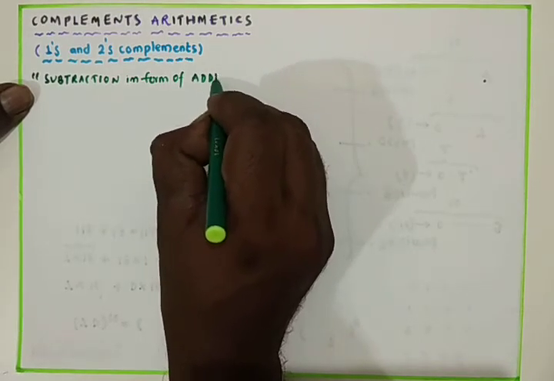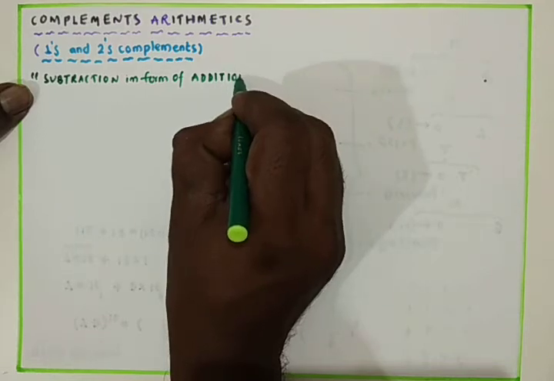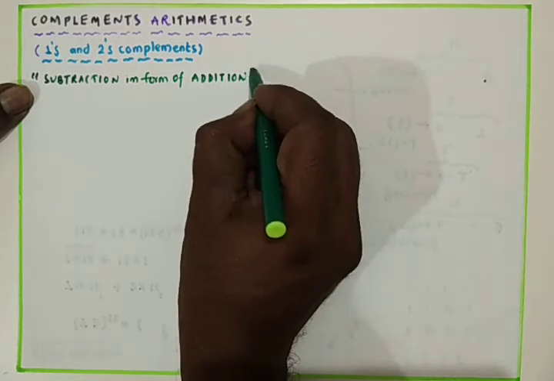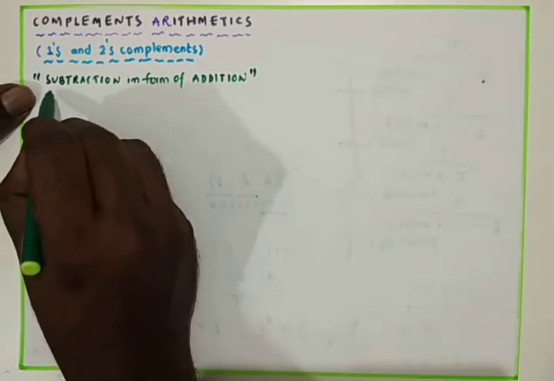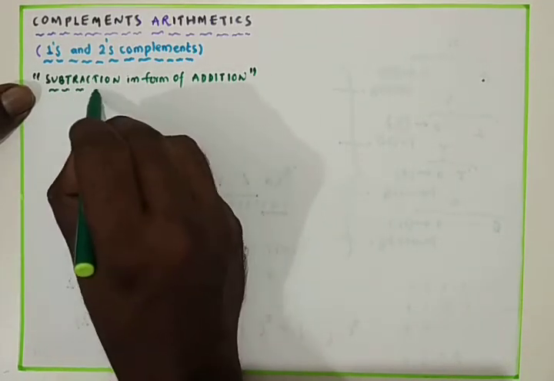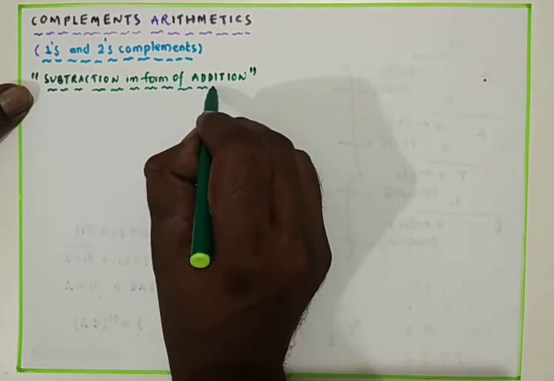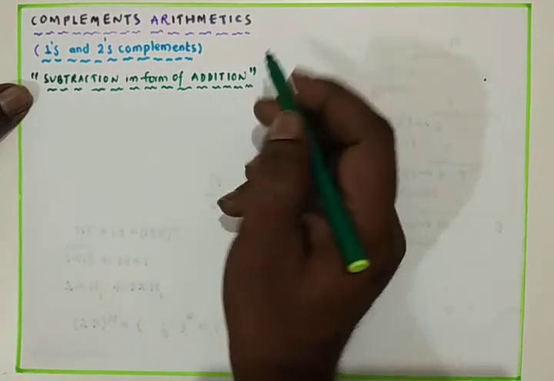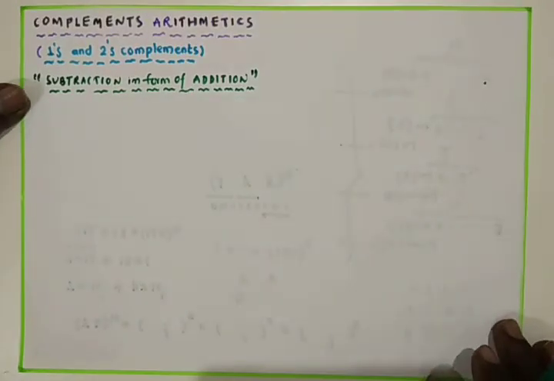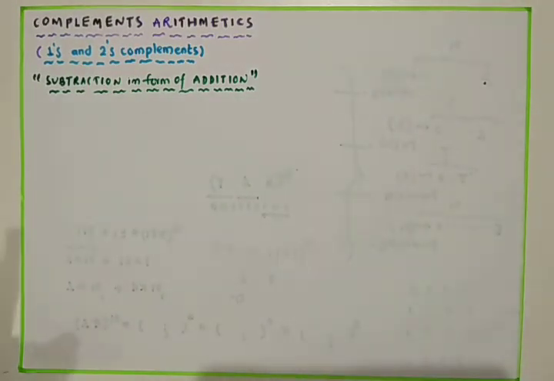The main use of these complements is that they can perform the subtraction in the form of addition, because the computer system cannot perform the subtraction directly. It performs the subtraction in the form of addition using the complements. Here we are going to talk about the two types of complements, which are ones complement and twos complement.